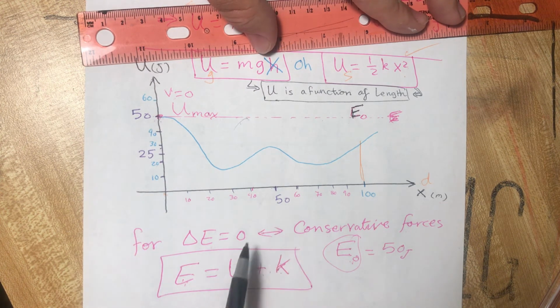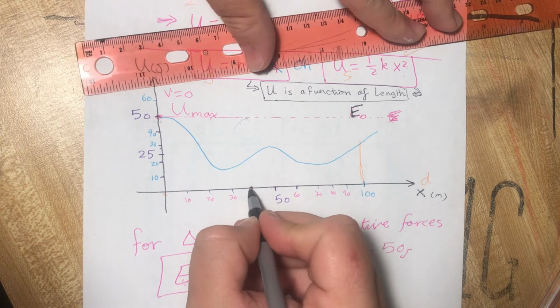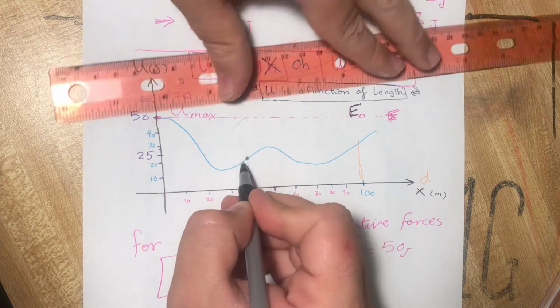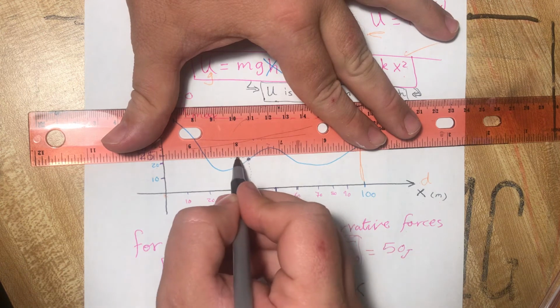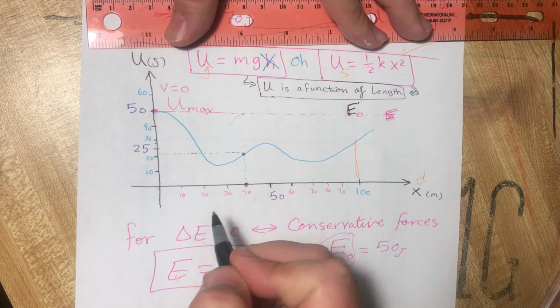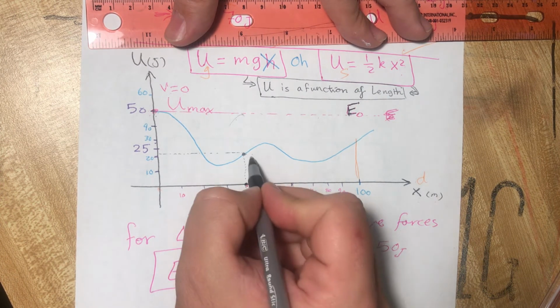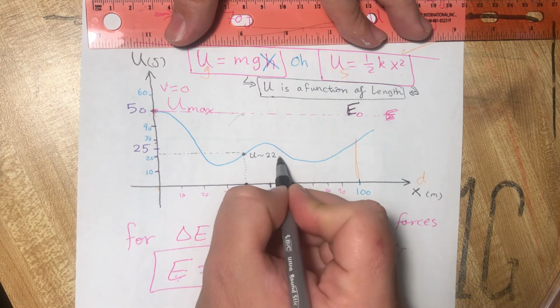If I ask you to find the kinetic energy at x equal 40, you can find the potential energy and reflect it from the horizontal axis to the vertical axis. So the potential energy here at x equal 40, U is approximately 22 joules.